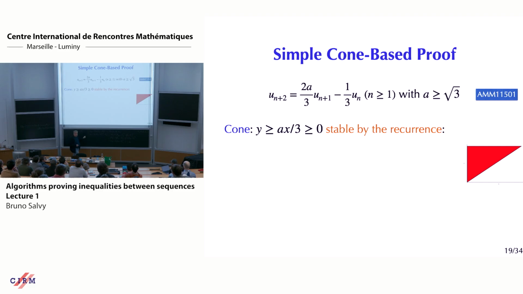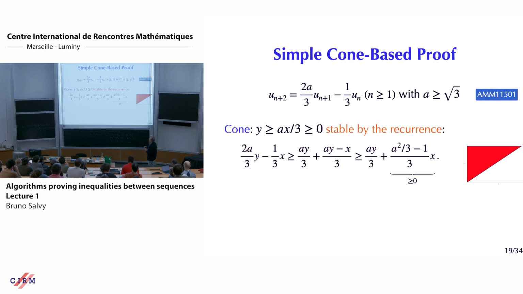So what I will show is that once a vector is in that cone, if you multiply it by A_n, it will stay in that cone. So multiplying it by A_n means you apply this. So you look at 2ay over 3 from here minus x over 3. And I want to show that it's larger than ay over 3, right? We shift. You had x, y, and the next coordinates will be y and a new one.